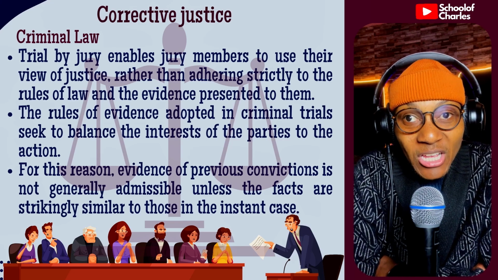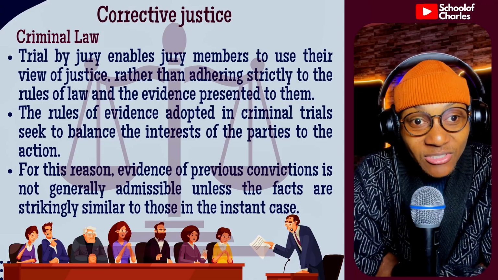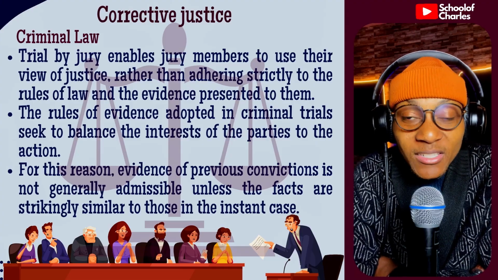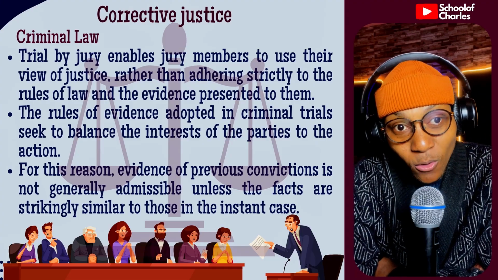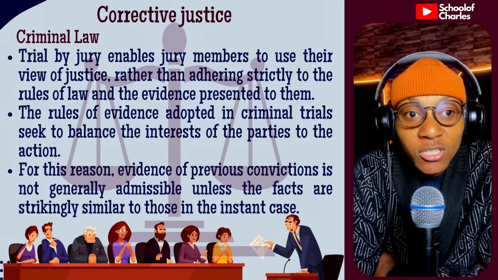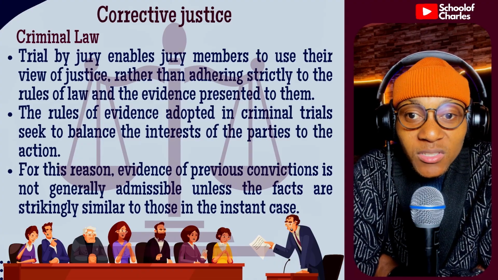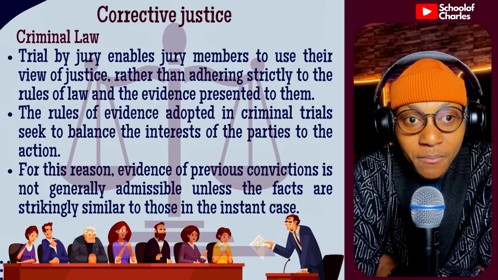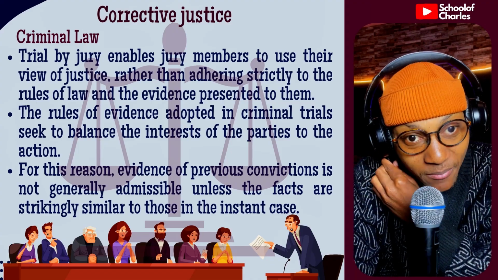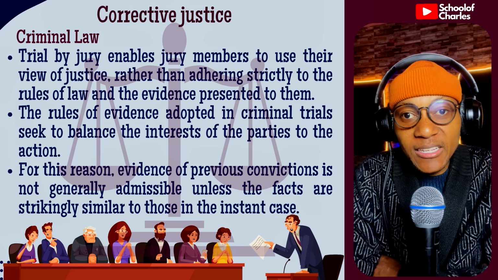So the rules of evidence adopted in criminal cases seek to balance the interests of the two. Yes, we want to put the person behind bars, but we also want to put the right person behind bars. The accused also has an interest to defend themselves and not to be in a case where the process is not fair, the judgment is not fair, because they are using his previous mistakes to judge him in this case at hand.